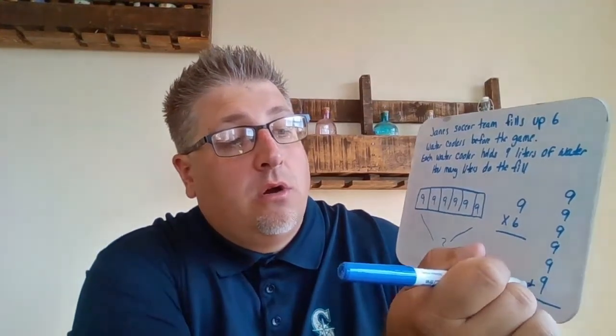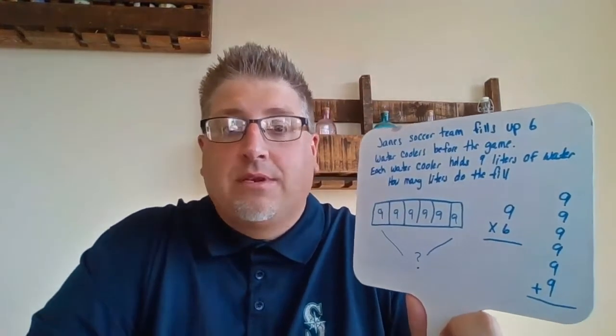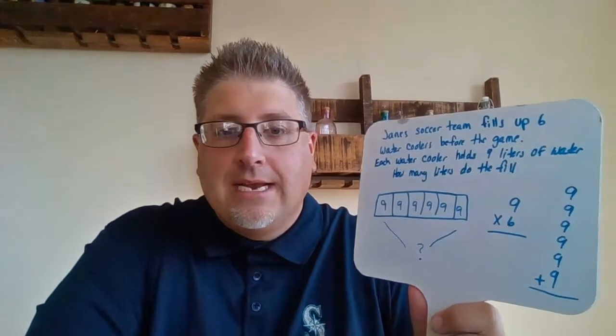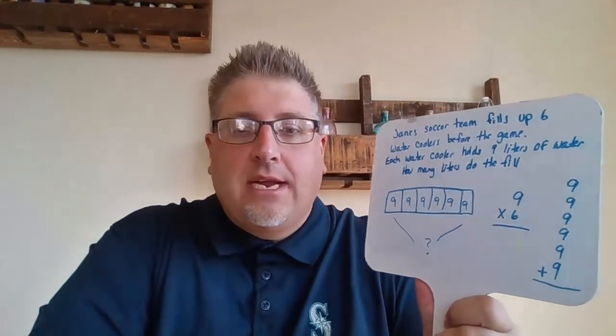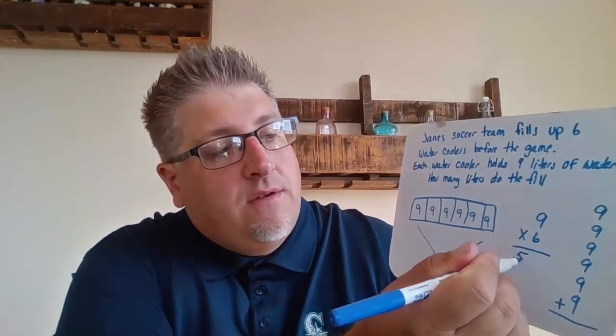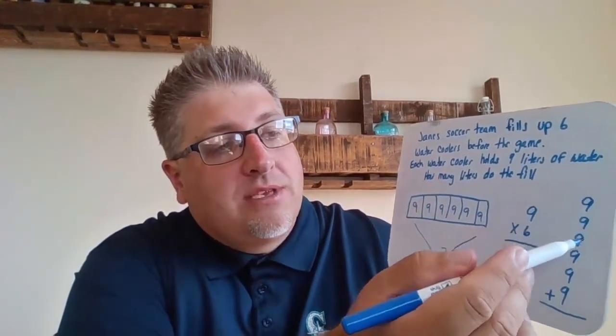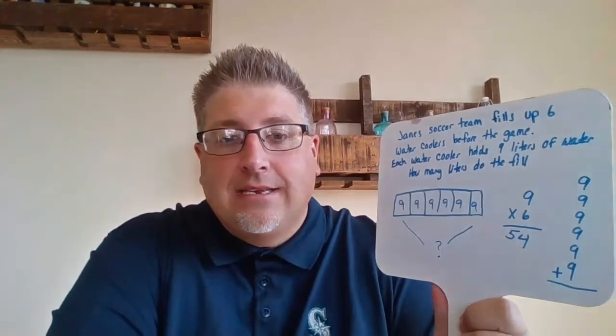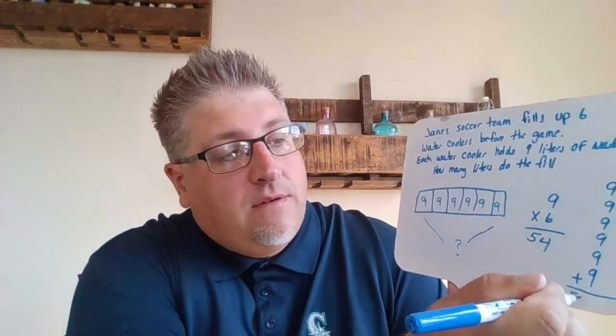We can go 9 plus 9 plus 9 plus 9 plus 9 plus 9, or we can go 9 times 6. 9 times 6, got to know our multiplication facts, would be 54. And then 9 plus 9 plus 9, we're counting by 9s. It's going to give us the same thing, 54.